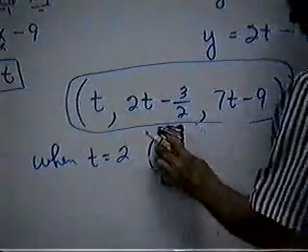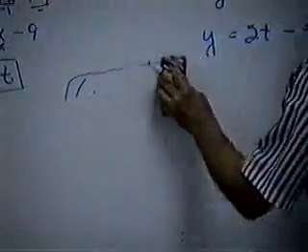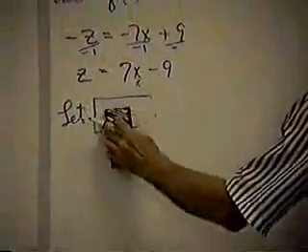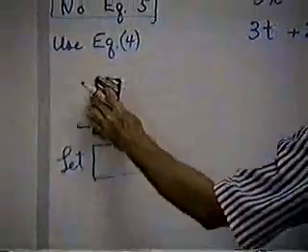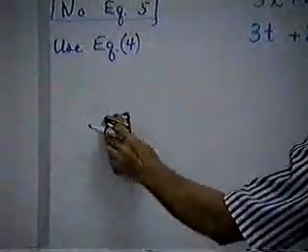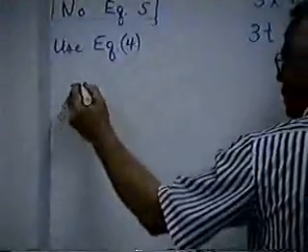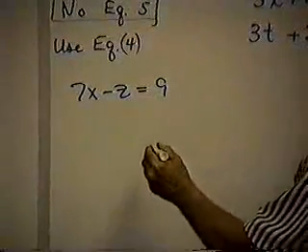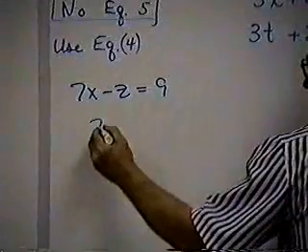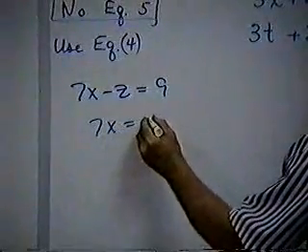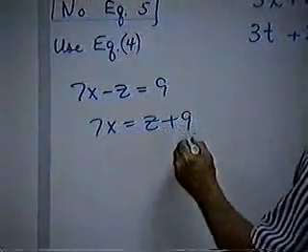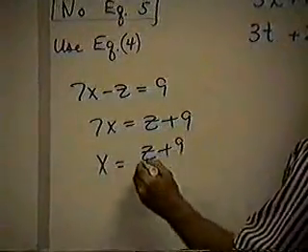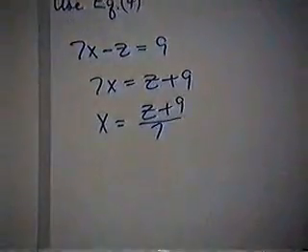Now let's go back at this point and look at another way that some other people would rather do it, and that is, let's solve for x, taking equation 4 again, 7x minus z is equal to 9. We would have 7x is equal to z plus 9, so we'd have x is equal to (z plus 9) divided by 7.